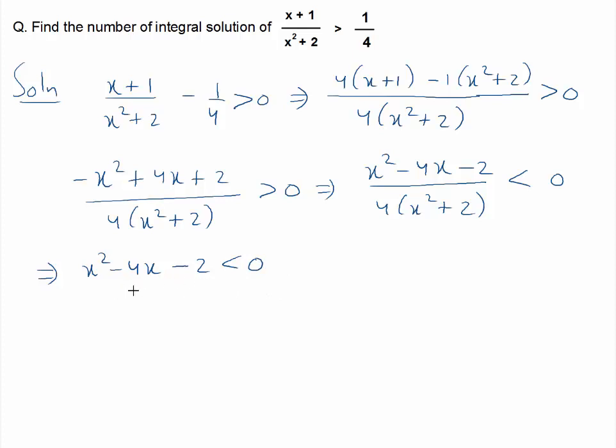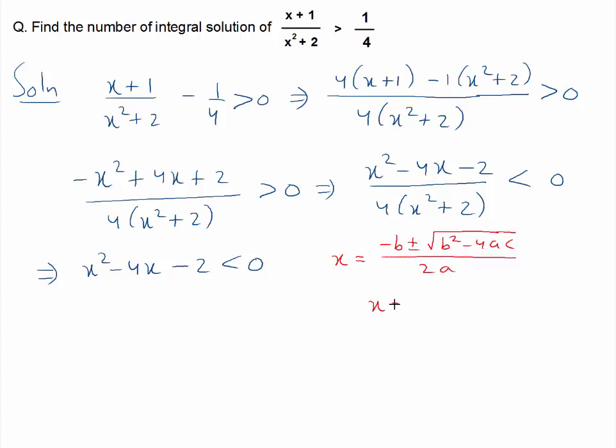Now we need to factorize this. We cannot directly factorize this, so we will have to find the roots. So the roots would be minus b plus minus root under b square minus 4ac divided by 2a.